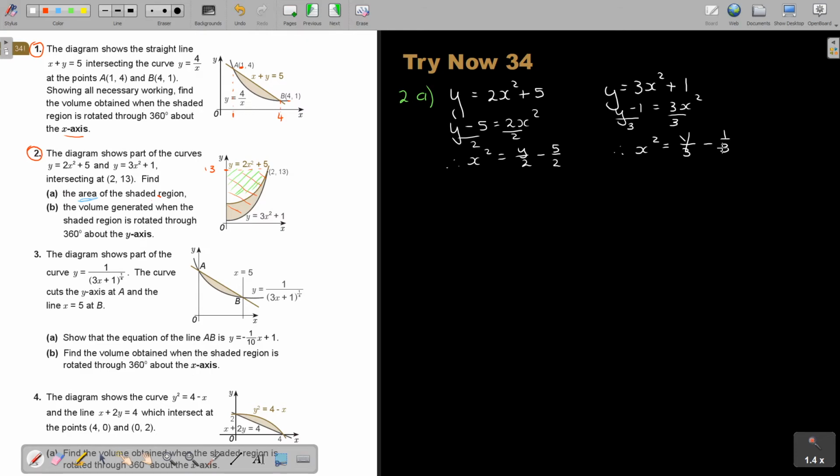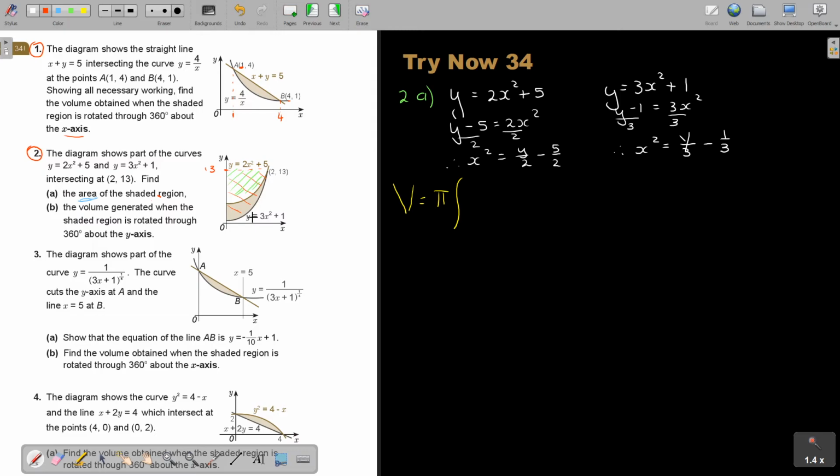So basically, I'm now going to start the volume generated in the shaded region about the y-axis. I'm going to do it all in one sum. I will just underline it. So the volume equals pi integral.